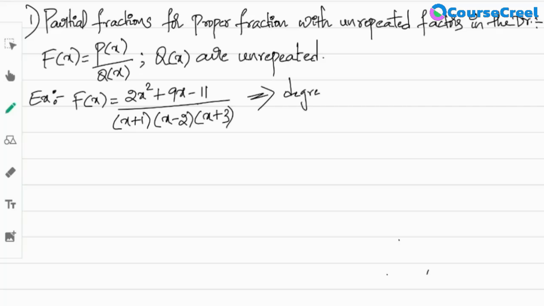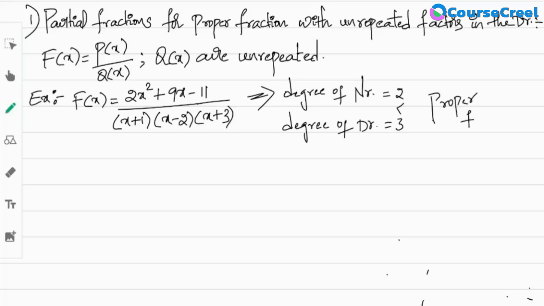Degree of numerator is 2 and degree of denominator is 3. That means degree of numerator is less than degree of denominator. So it is a proper fraction.